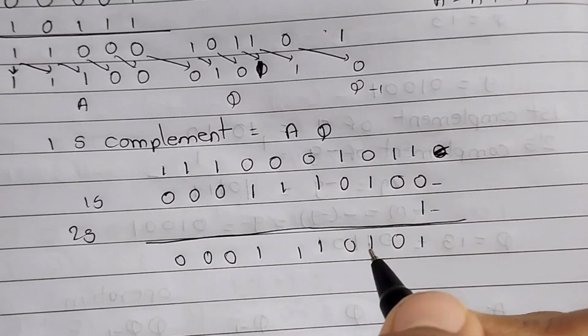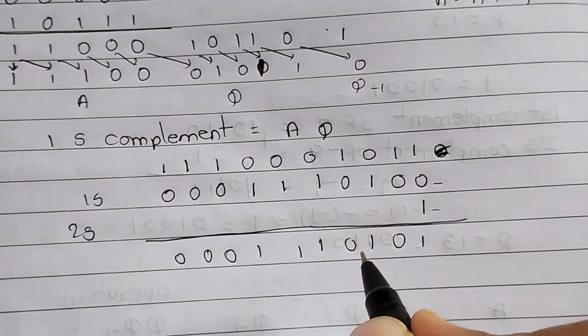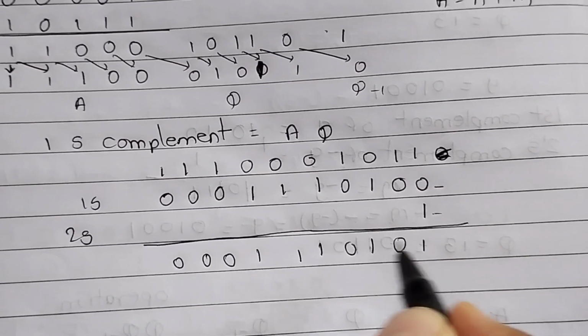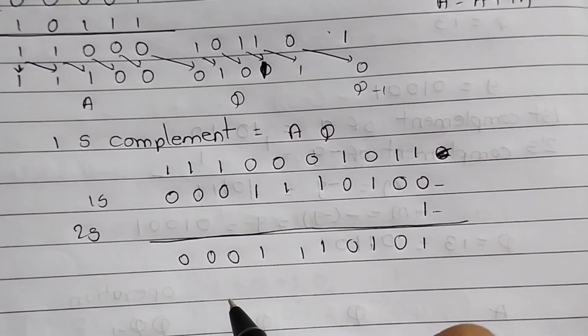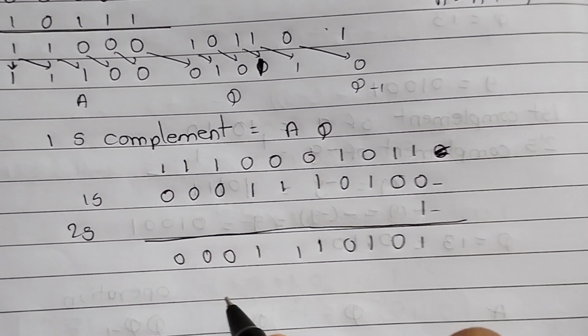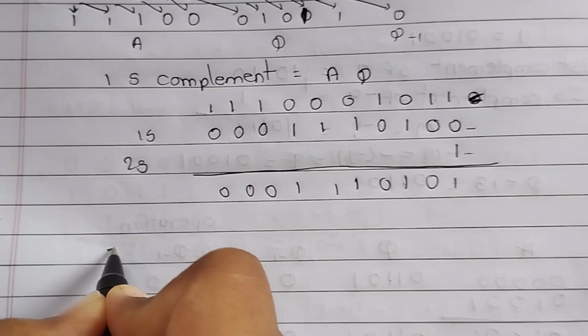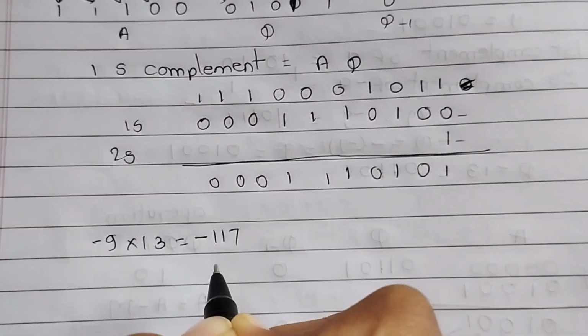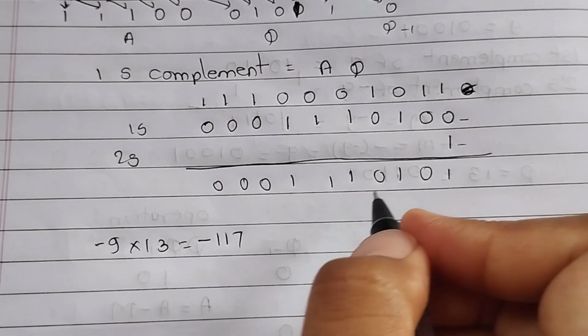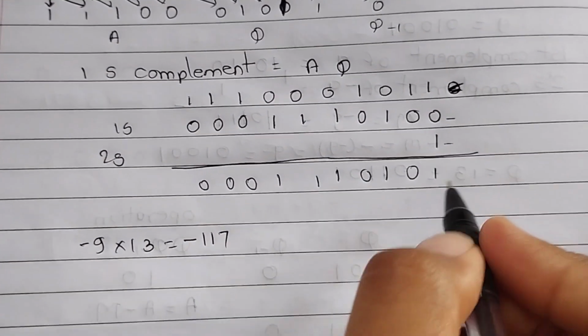Now we check whether our answer is correct or not. This is now our final answer of minus 9 into 13. Normally we know minus 9 into 13 is equal to minus 117. So we check whether the same answer comes or not.